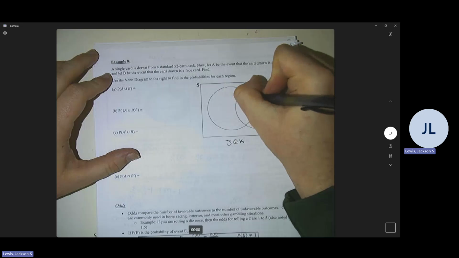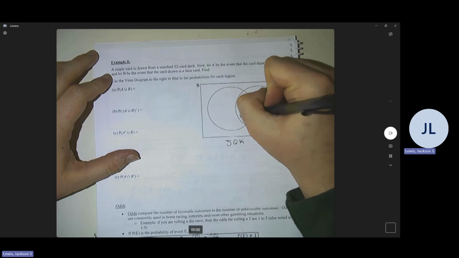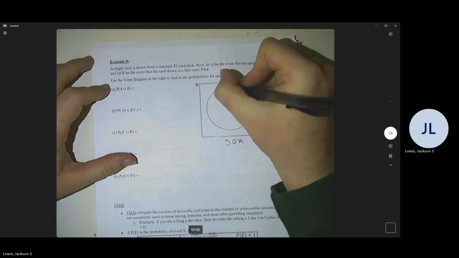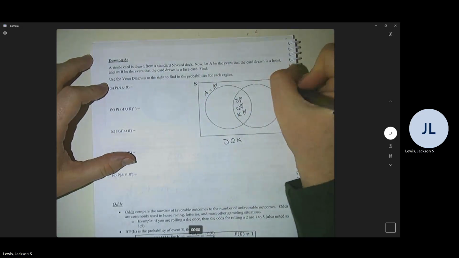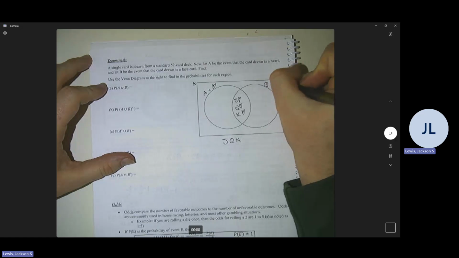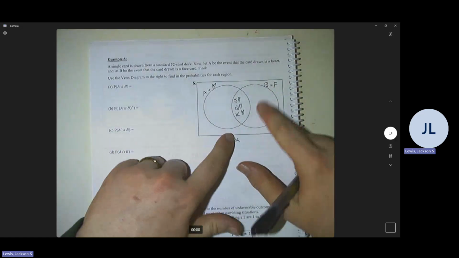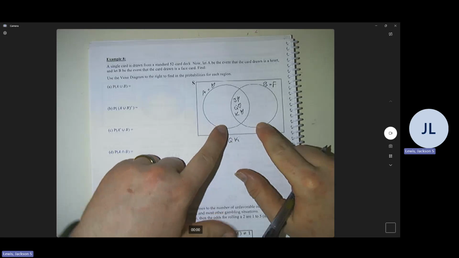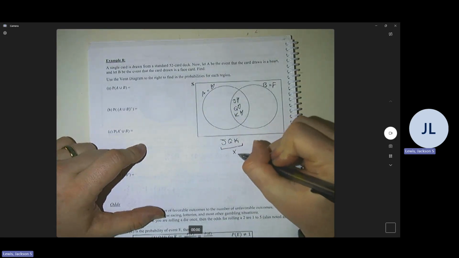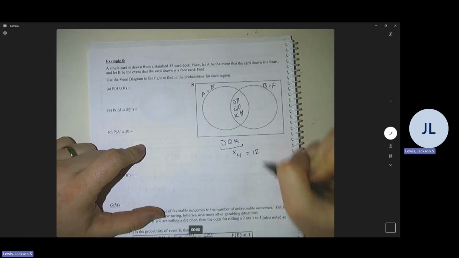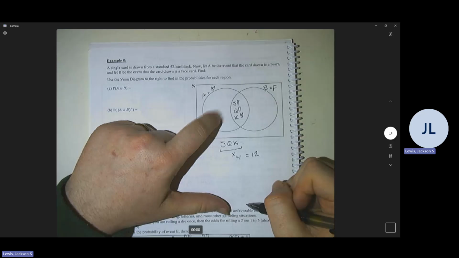So there's going to be a Jack of Hearts, a Queen of Hearts, and a King of Hearts here, in the intersection of A, hearts, and B, face cards. All the other face cards are going to be here, the total face cards. There's 3 times 4 suits, which is 12 face cards total, and there's 13 hearts total.